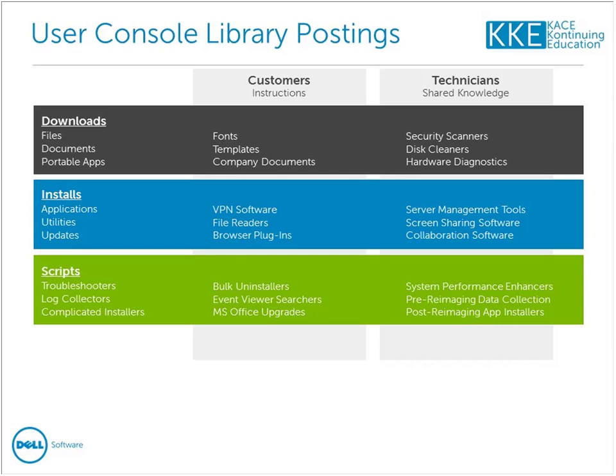We did a KKE on that, folks. You can take away local admin rights, at least from some, maybe most of your end users. User console library is a major solution in that battle, because of the one-click nature, because of the fact that it runs as local system. Lots of things they can still do to their machines even when they're not local admins because you made them available here.